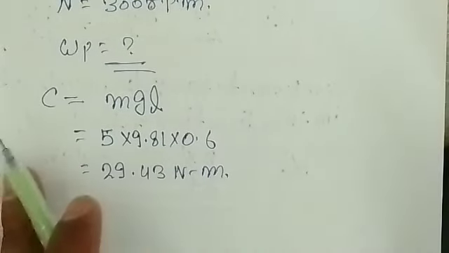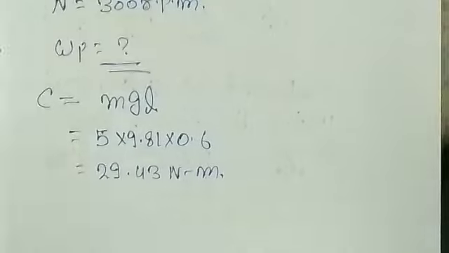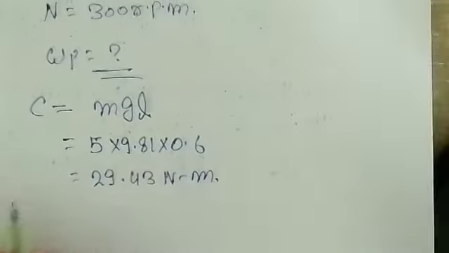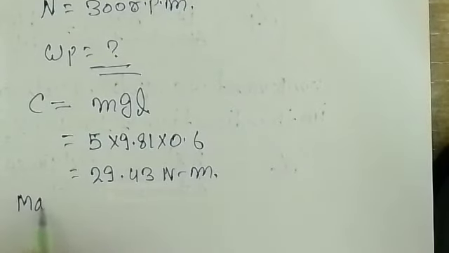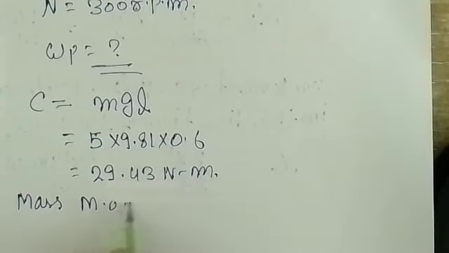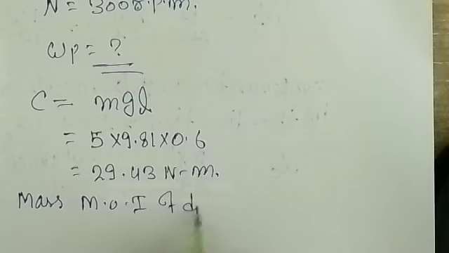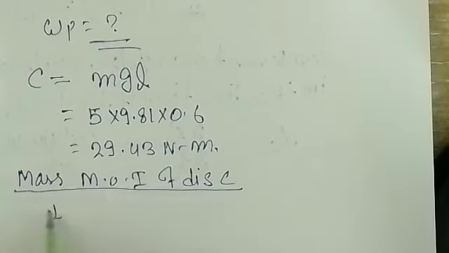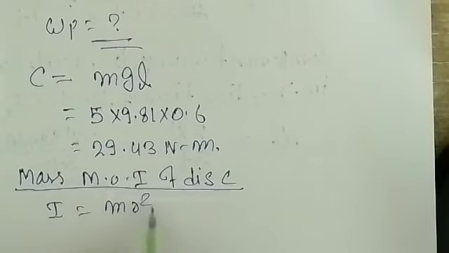The mass moment of inertia of a disc about its rotating axis is mr square by 2. A disc is nothing but a circular plate, so I is equal to mr square by 2.